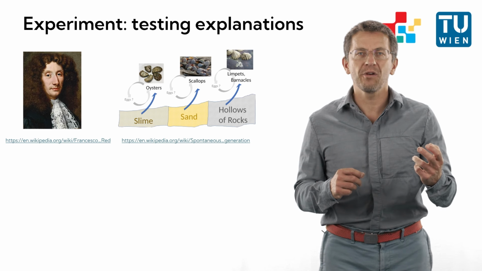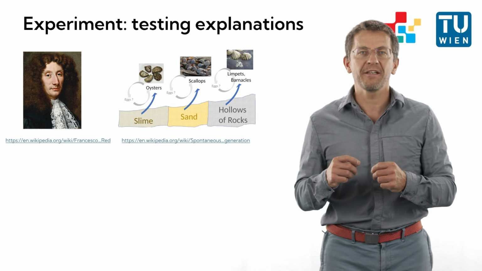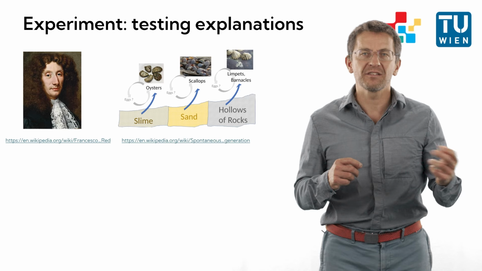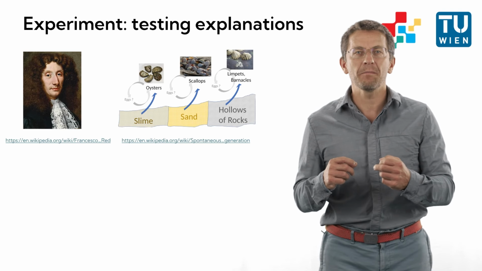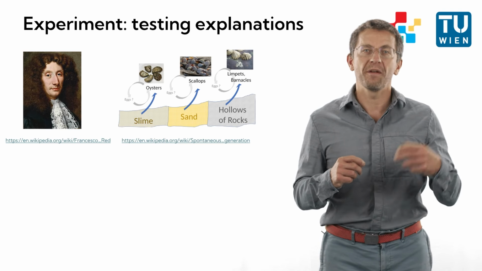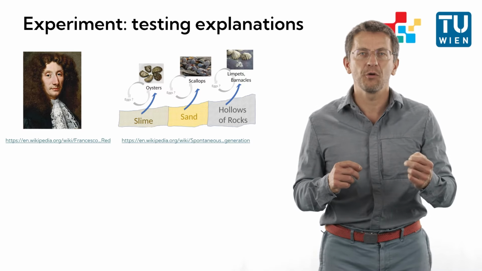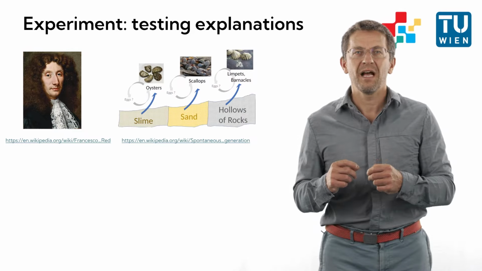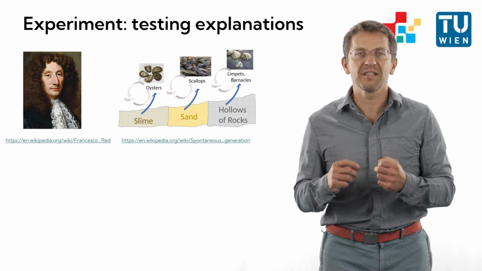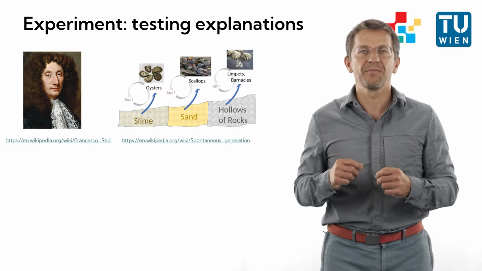This theory speculated that some active principle would be necessary for life, for example oysters, scallops, and limpets, to arise from inanimate matter such as dust, or that maggots could arise from dead flesh. The doctrine goes back to the Greek philosopher and naturalist Aristotle and was taken as a scientific fact for 2 millennia. Aristotle never accepted experiments as a scientific method and was rather relying on logical reasoning.